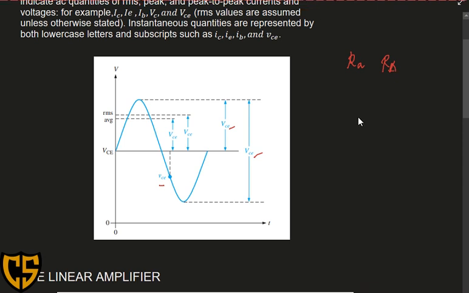So this will be seen, for example, in re, this will be your AC current in your emitter, and then we have your RE, the DC resistance in your emitter. So this is AC and this is DC. You will see the need for this, or the distinction, as we progress later on in our discussions of amplifiers.